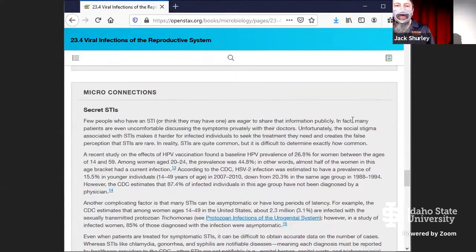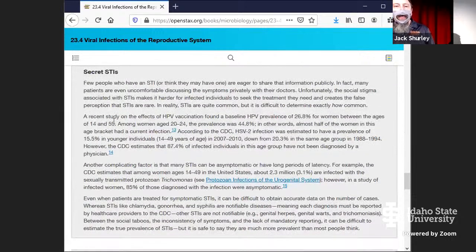This little table is kind of interesting to see, that a lot of STIs may go undetected, undiagnosed, asymptomatic, you don't recognize it. It mentions HPV here, baseline prevalence 26.8% in women between ages 14 to 59.